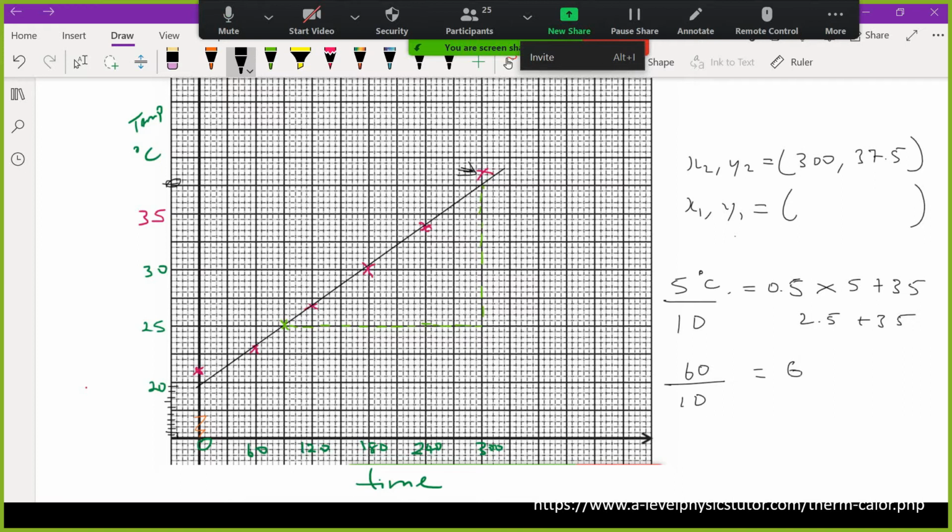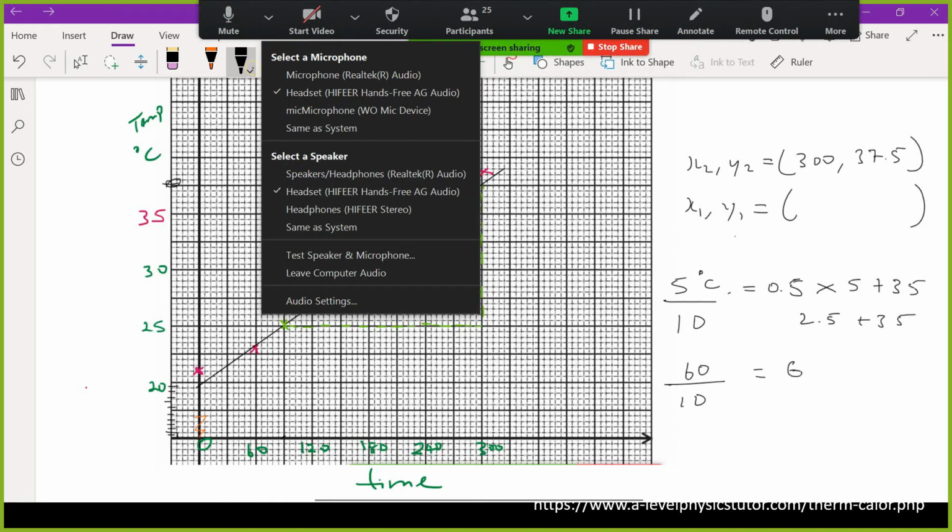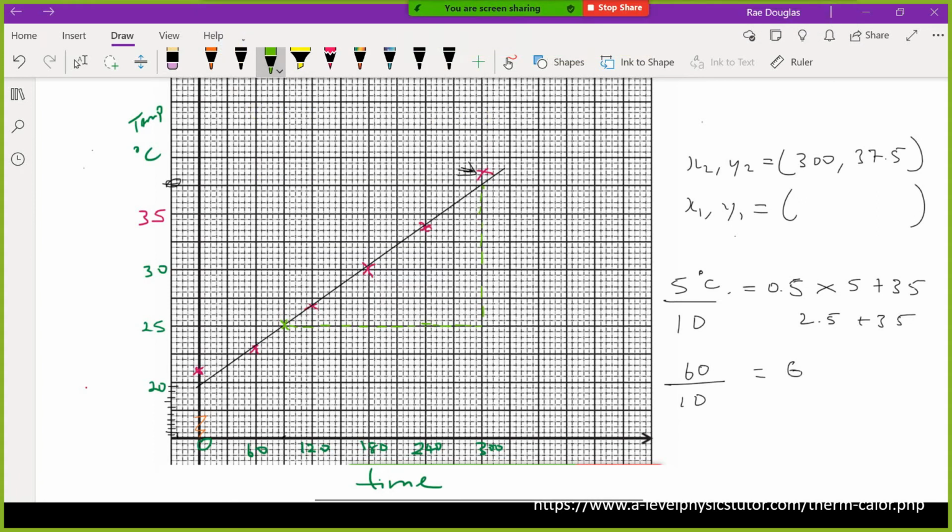It represents 6. So if my point is located here, this is basically my fifth box. So this is my point right here. This is the fifth box that it is corresponding with.